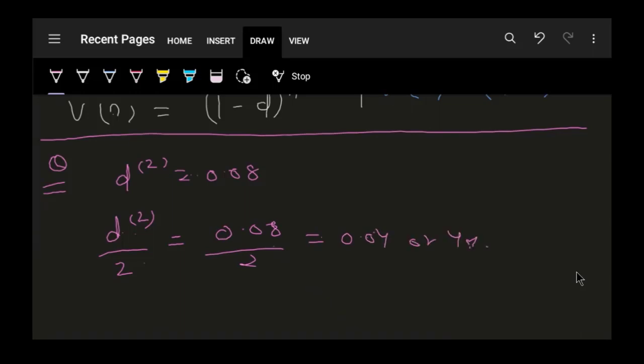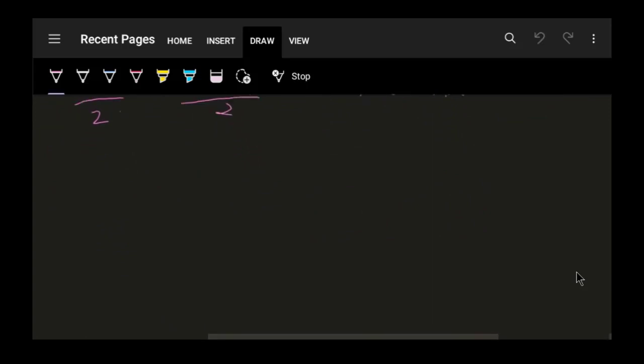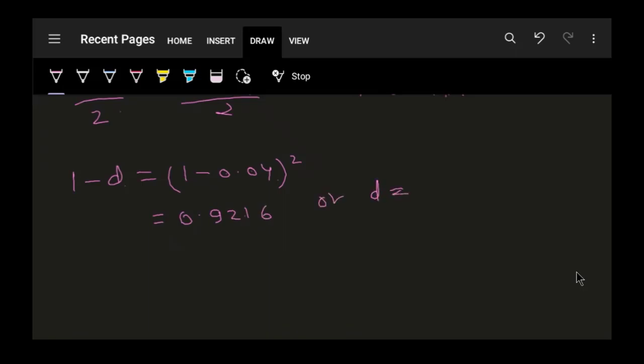So this is my effective discount rate for a 6-month period. Now I'll calculate D. So D will be 1 minus 0.04 squared, that is 0.9216, or D equal to 0.0784 or 7.84%.